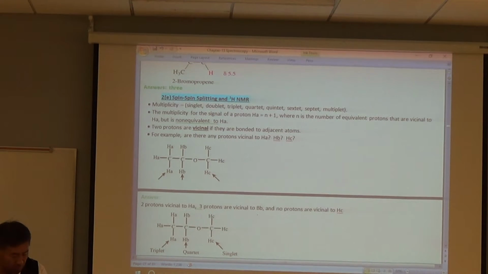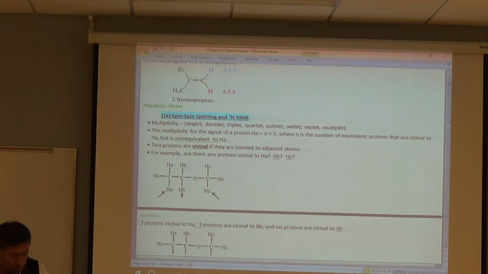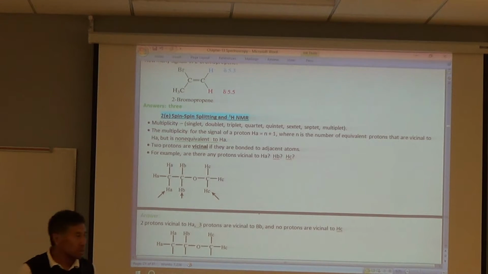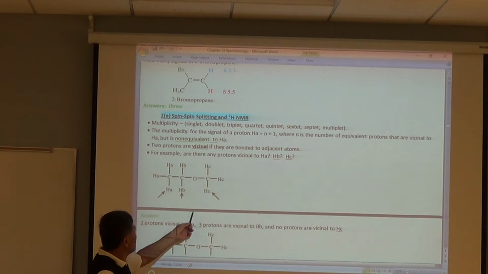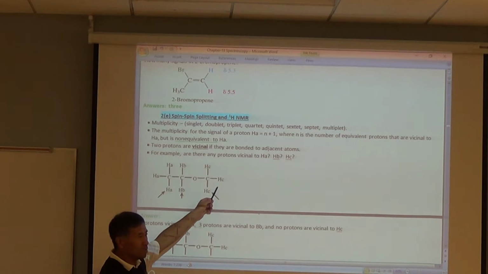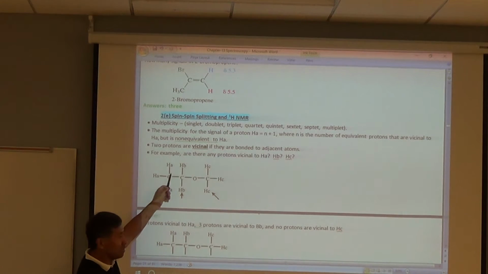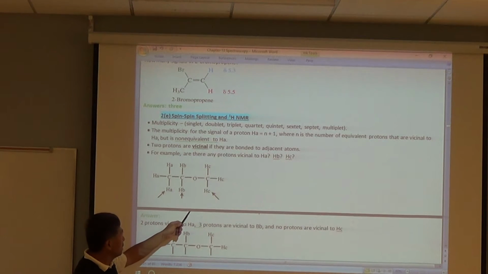Then the n plus 1 rule, right? So now predicting, obviously these 3 are equivalent, HC. And these two are equivalent, HB, and here HA.